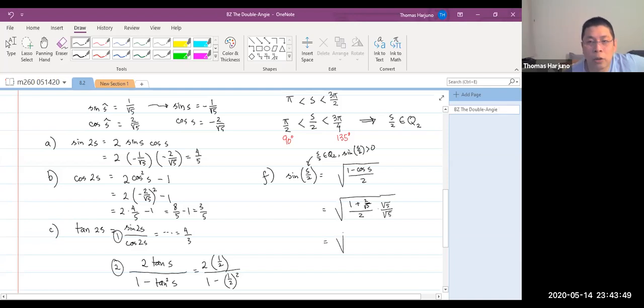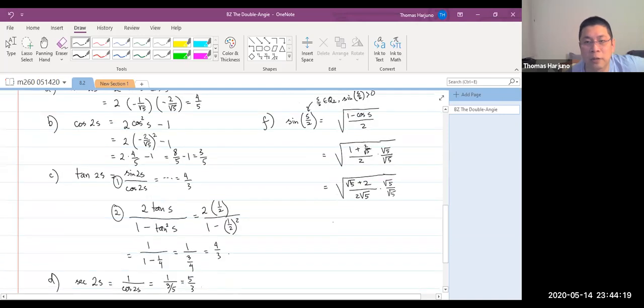So I get the square root of 1 plus, actually radical 5 plus 2 over 2 radical 5. I think I should multiply by another radical 5, just to rationalize the denominator inside the radical sign. So this is the square root of 5 plus 2 radical 5 over 2 times 5, that's 10.